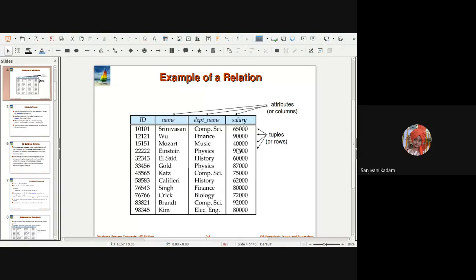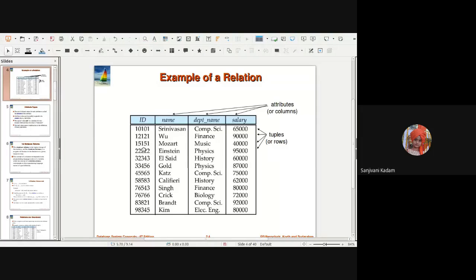At this point I got the condition that yes, this is an available value for physics. And one more value, two values are there with the physics department. Einstein, physics and 95,000 is the first record, and 33456, gold, physics and 87,000.